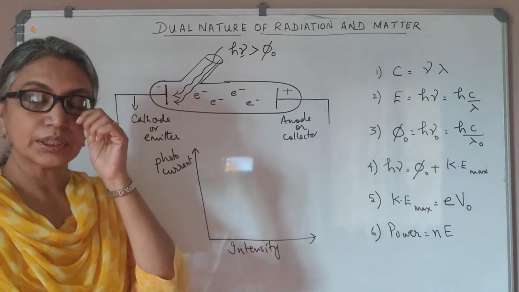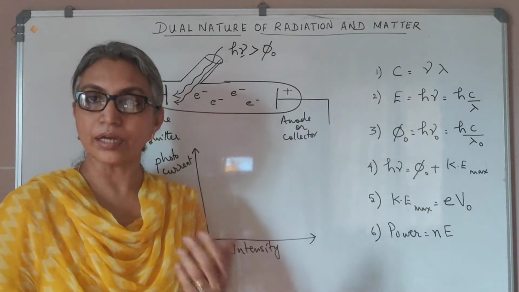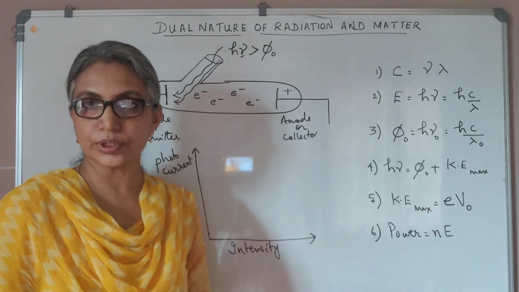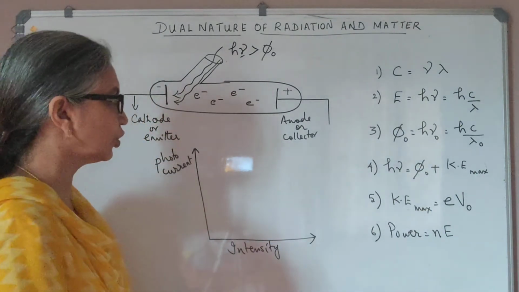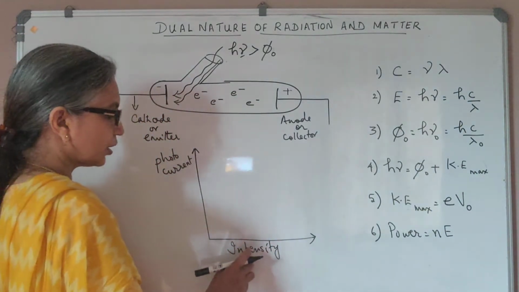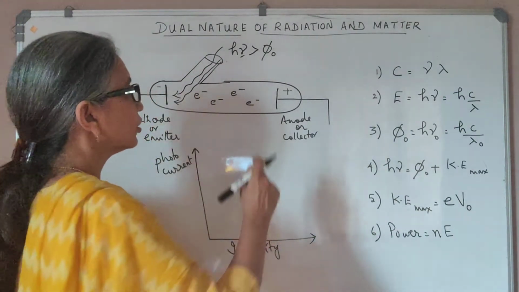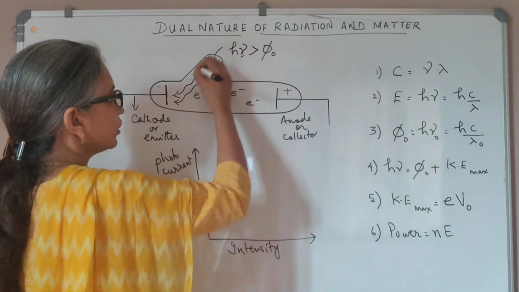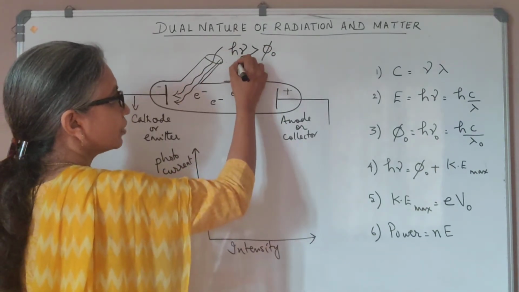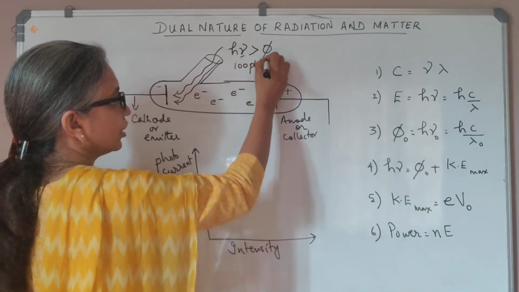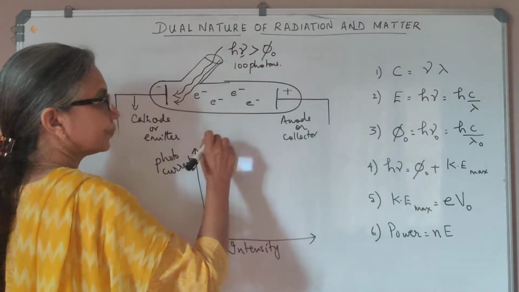Okay. Now intensity, I told you, is the number of photons crossing per unit time per unit area. So intensity decides the number of photons in the incident radiation. Let us imagine that this incident radiation has 100 photons.